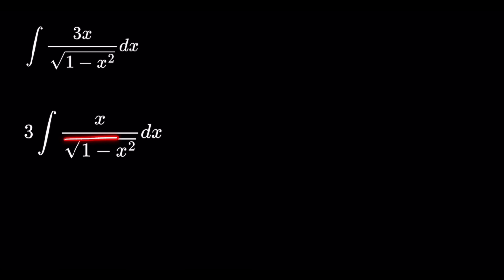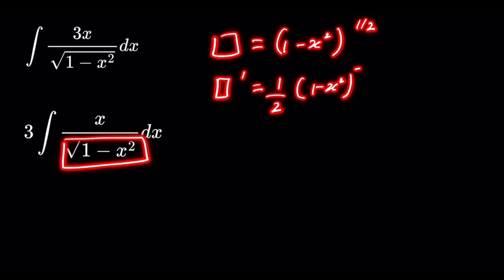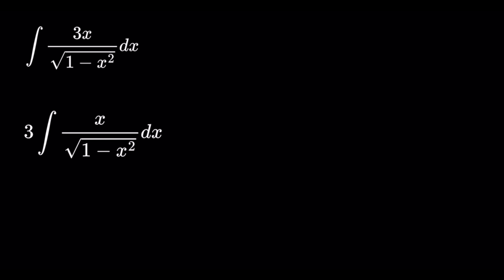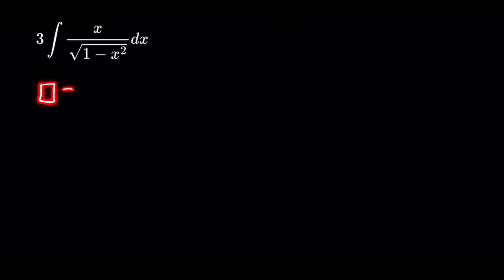Now, like we used to do before, we will first place the entire denominator inside the box, finding the differentiation of the box. You can notice that the differentiation of the box is not found in the numerator. So let's place what's inside the square root inside the box and find its differentiation. We can see that it is equal to minus 2x.